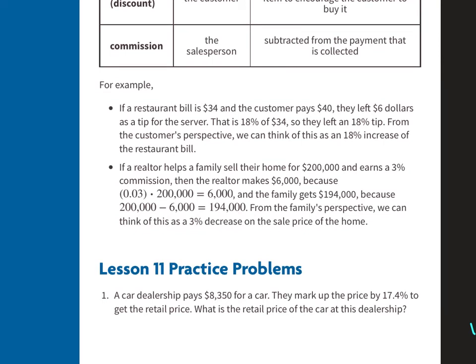And if a realtor helps a family sell their home for $200,000 and earns a 3% commission, the realtor makes $6,000 because $200,000 times 3% is $6,000. And the family gets $194,000 because $200,000 minus $6,000 is $194,000. From the family's perspective, we can think of this as a 3% decrease on the sales price of the home. Okay?